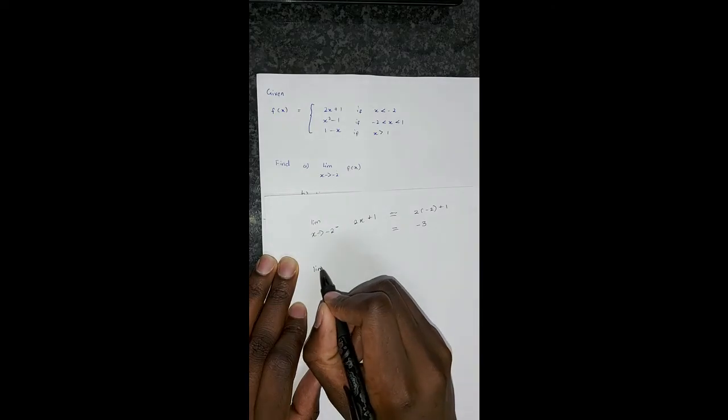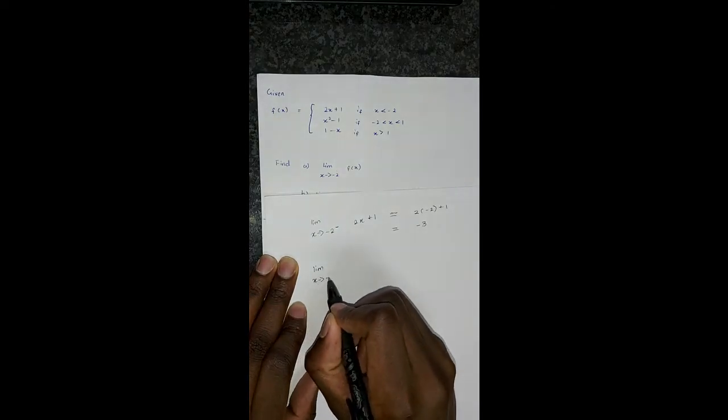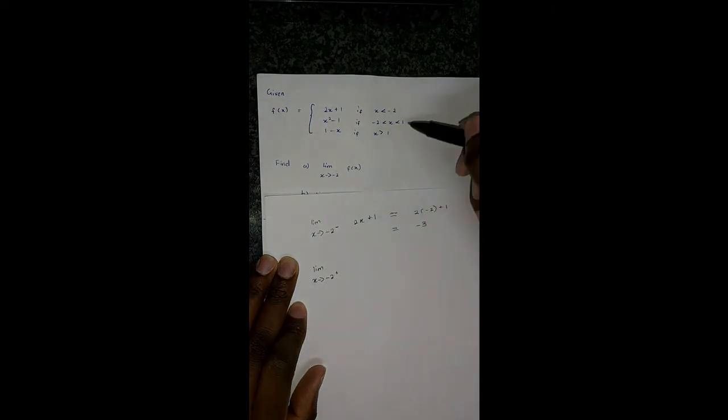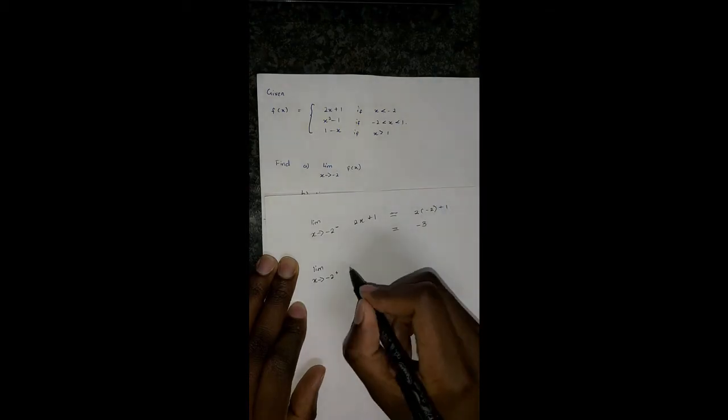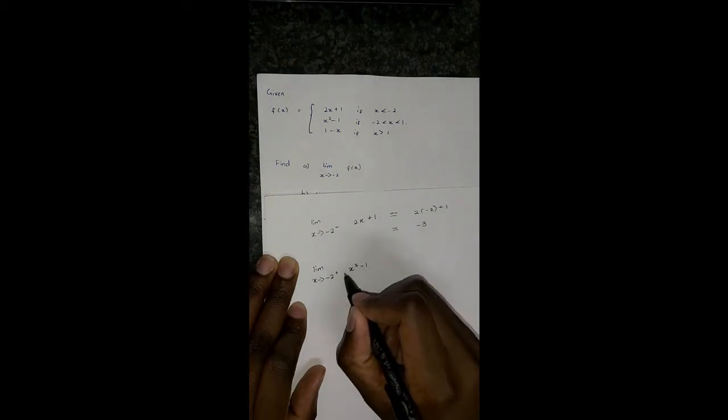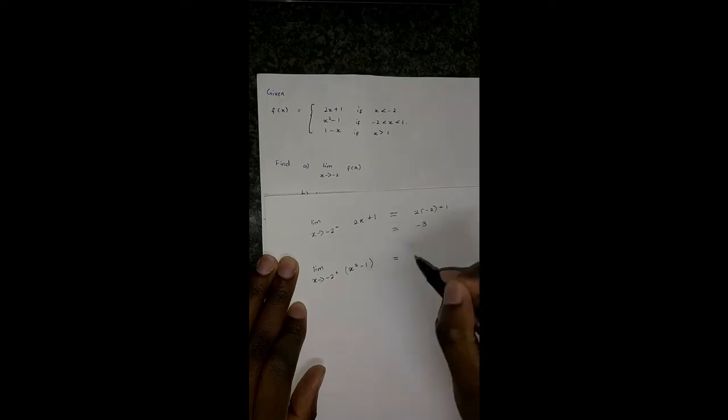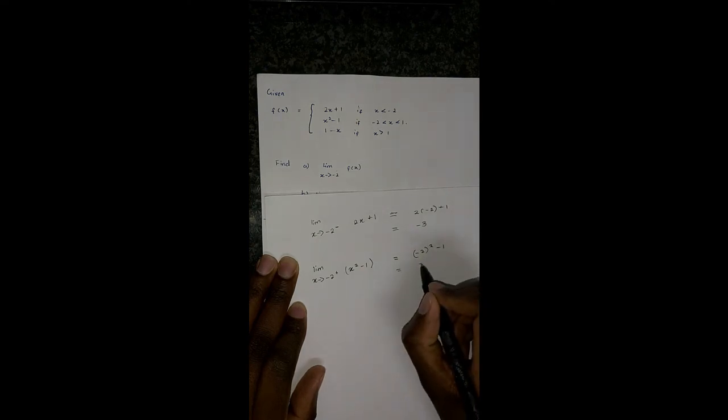And then the limit as x approaches negative 2 from the positive, which will be this one, x squared minus 1. And that will be equal to, by direct substitution, negative 2 squared minus 1, which is 4 minus 1, to give you 3.